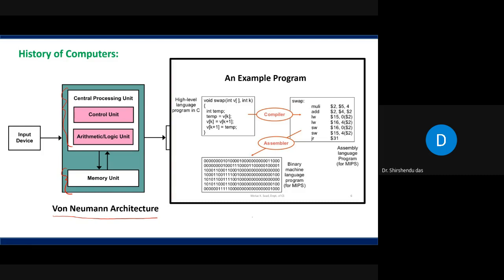Suppose this is the mechanism to store binary 0 in a pen drive, and this is the mechanism to store a 1 in your pen drive. Then if you want to store any data, you just replicate these two modules, and then you can store that information in memory. I hope it is clear.